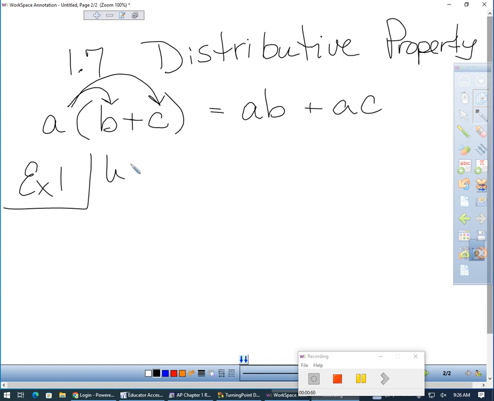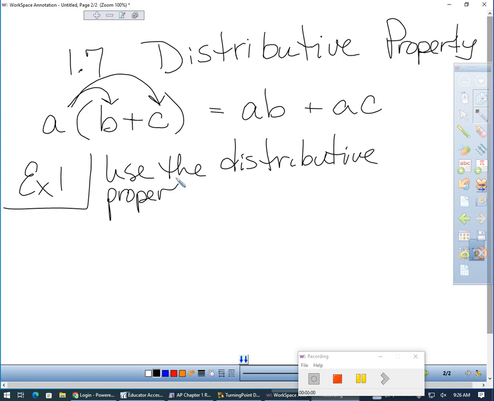All right, use the distributive property. Let's say we have something like 4 times (x minus 5).